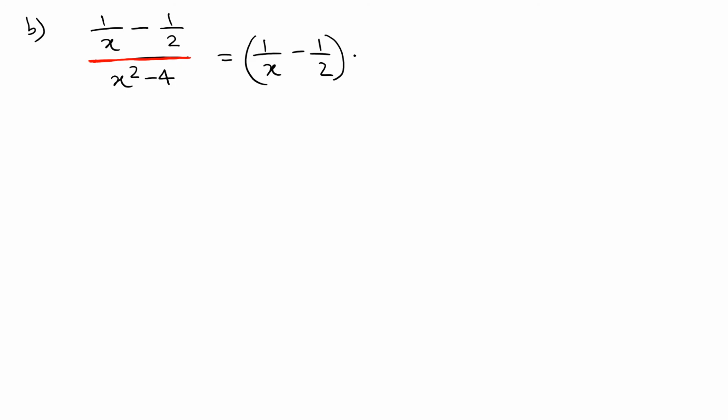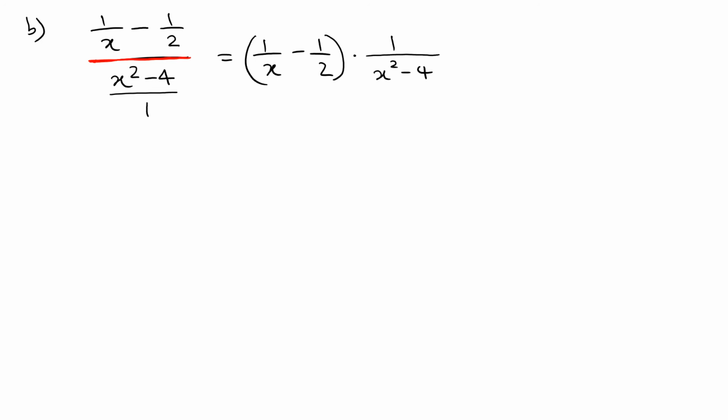Because this is the numerator in the major denominator, it still has to be the major denominator. You can think of this one as x squared minus 4 divided by 1. If we flip over, it's going to be 1 over x squared minus 4.